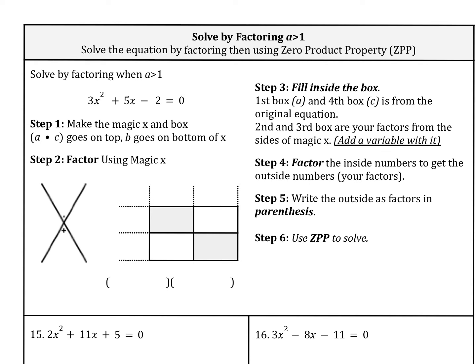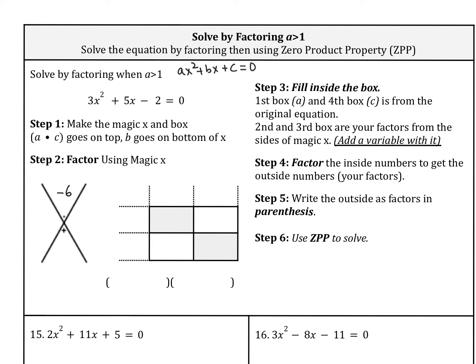So when you compare this equation with the standard form ax squared plus bx plus c equals 0, on the top of the cross you write a times c, which is 3 times negative 2. So 3 times negative 2 is negative 6.